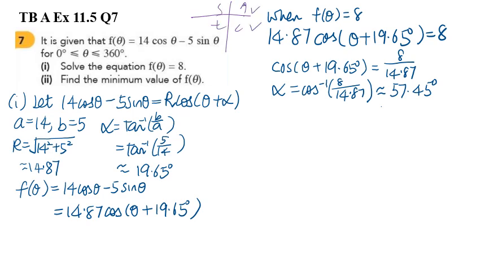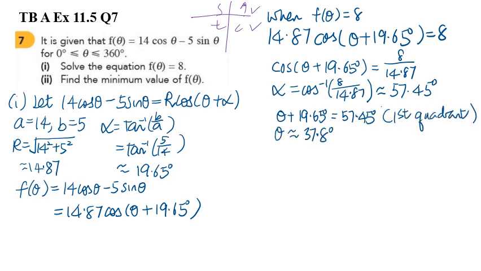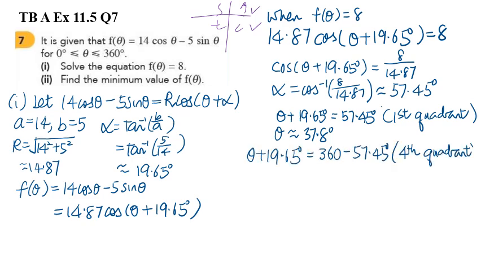Alpha is a positive acute angle. So alpha will be cosine inverse of 8 over 14.87, which gives you 57.45 degrees. So your first answer will just be alpha itself. And then the fourth quadrant will be 360 degrees minus alpha, and that gives you theta equals 282.9 degrees.